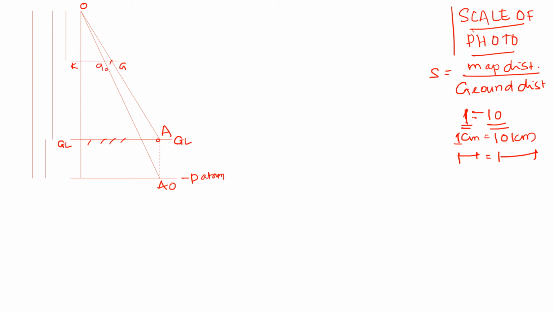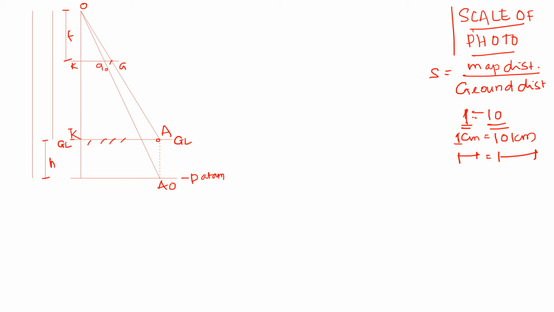This point on the ground I'll name it as capital K, while the distance OK, as we discussed in the scale of photographs, is nothing but the focal length denoted as f. While this distance is nothing but the height of the object.